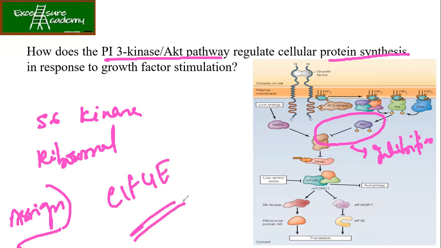When I say you are going to make short notes, it means just write at least 2-3 sentences about S6 kinase. Like, where do you find this? Of course, it is a ribosomal protein, but you can add 2-3 more sentences. You can take it from Wikipedia also. Eventually it is going to help you guys. I'm telling you, always study all these things, whatever parts the questions have, because with one question you are learning another 4-5 concepts.